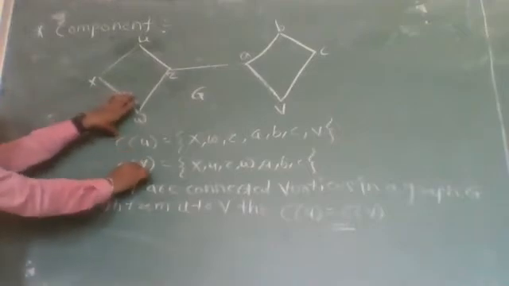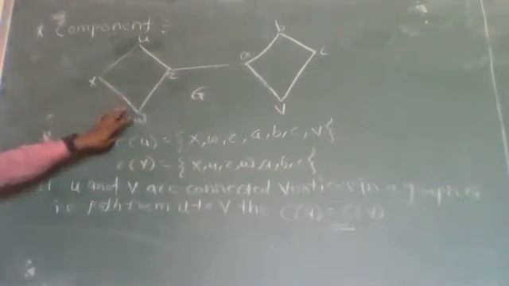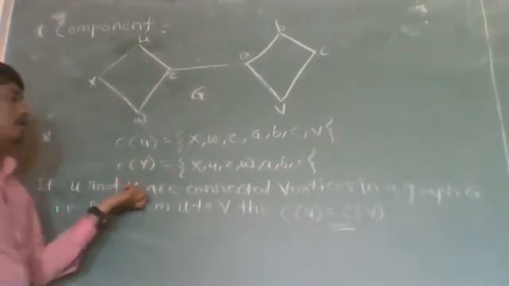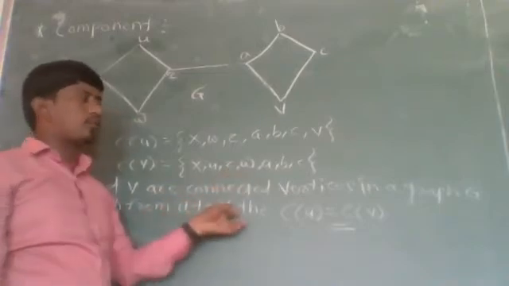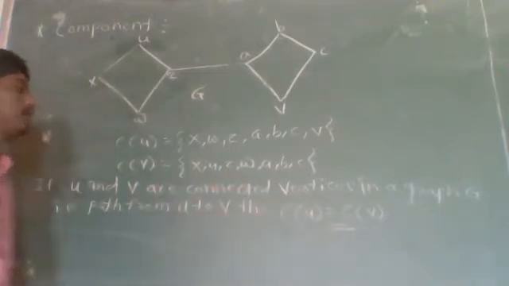So C of U is equal to C of V. So if U and V are two connected vertices in a graph G, then C of U is equal to C of V.